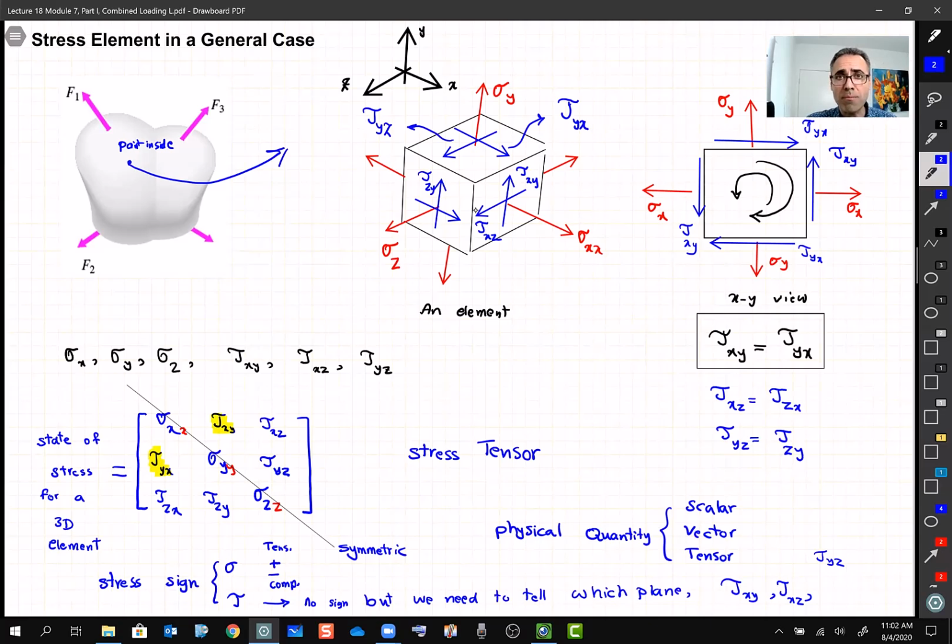Some of these numbers might be 0, depending on the problem. Some might be negative, like sigma x, sigma y, and sigma z, which might be compression and negative. There might be 0, which you will see examples of soon. And for tau, no negative, no positive, we just say if it is xy, yz, or xz. And this is what we call a state of stress for a 3D element.